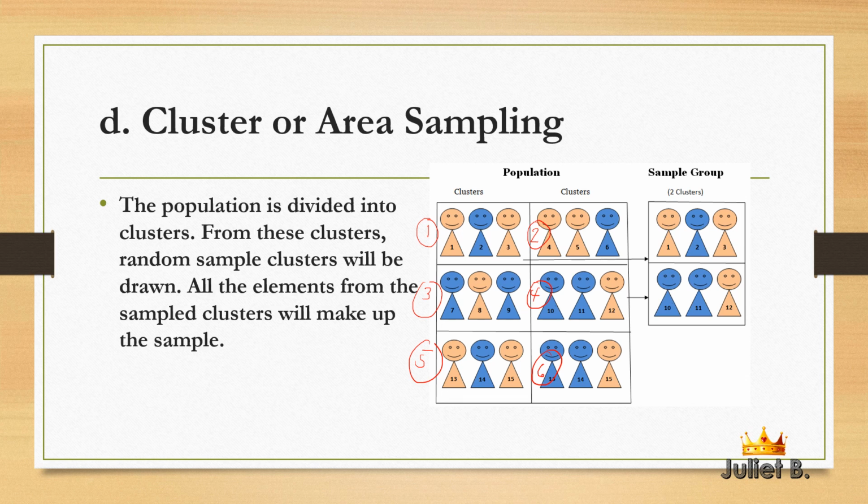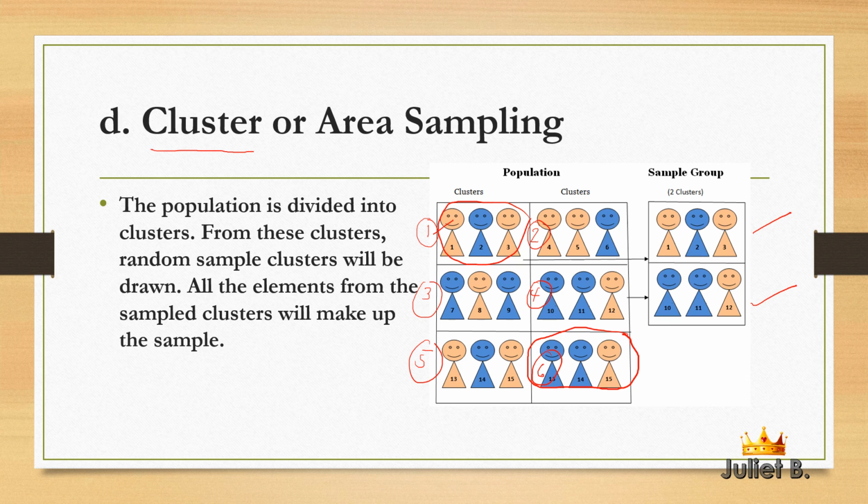Tapos dito, nagrupo na sila by cluster. By using simple random technique, bubunot lang or idodraw lang kung sino sa kanila ang kukuhanin mo bilang sample. Dito, kunyari nabunot mo yung group 1, cluster 1. Lahat ng kasama sa cluster 1 ay kasama na sa sample. Tapos yung cluster 6, nabunot din, na-draw. Isa siya sa sample.